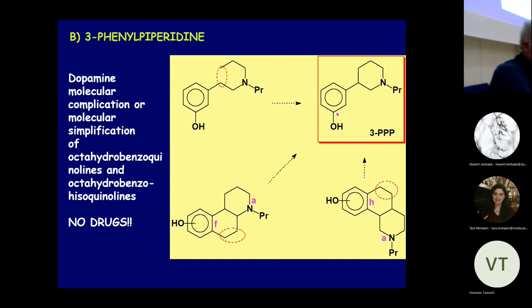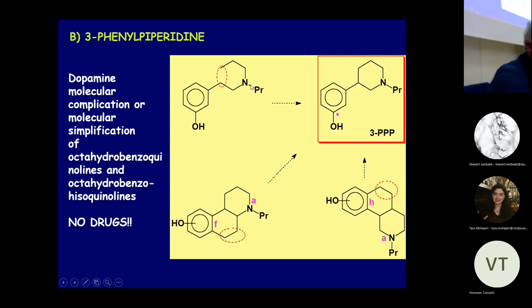What about the second class? You see here on the top the simplified structure of dopamine with the additional groups that we have already described.